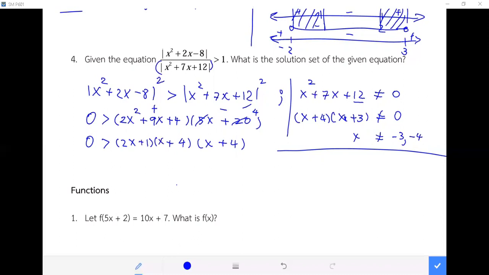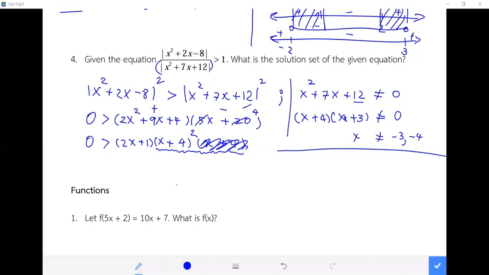This is x, right? I think I'm correct now. And if I look carefully here, you see I have x plus 4 and x plus 4. So they are the same, so you can just group them to something like this: x plus 4 squared.